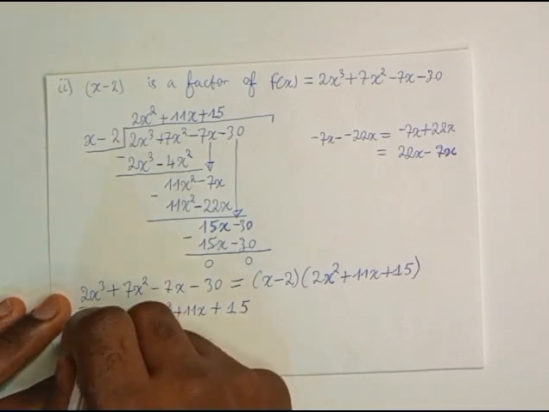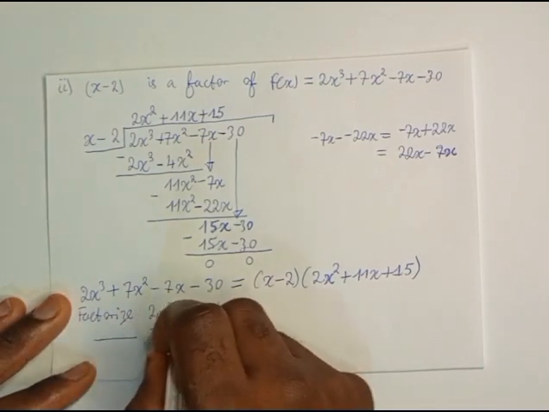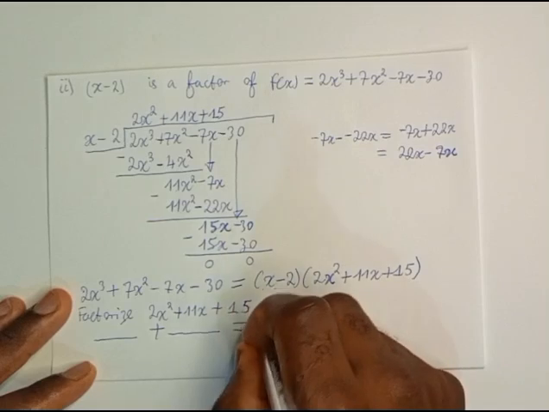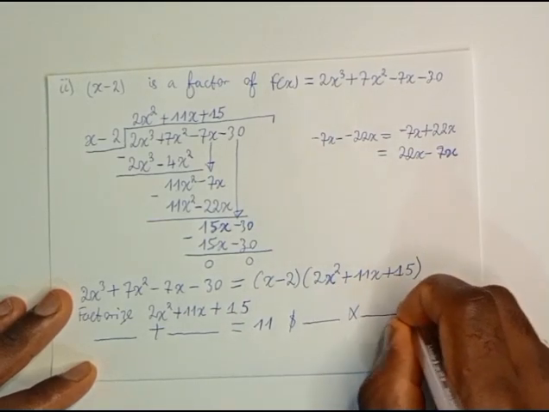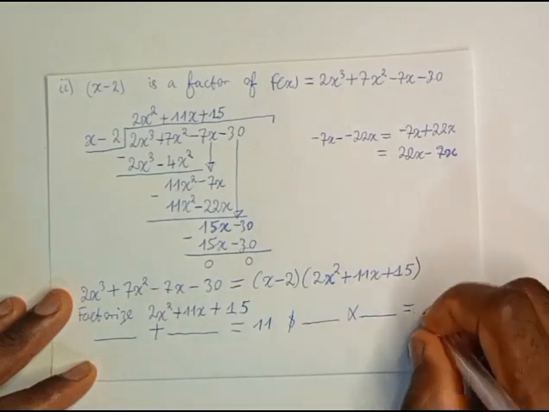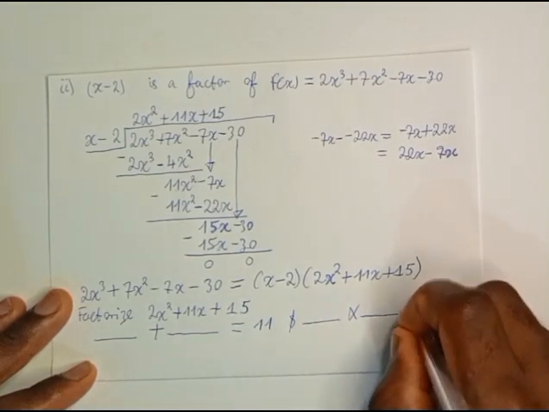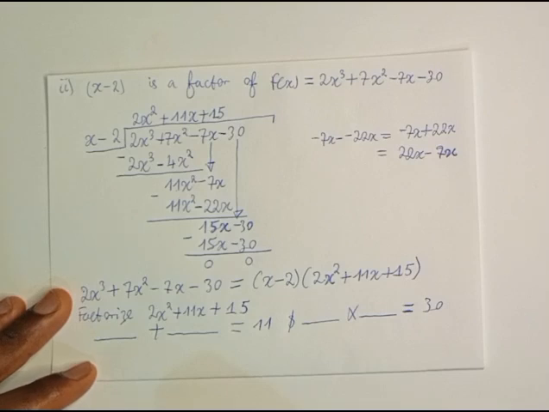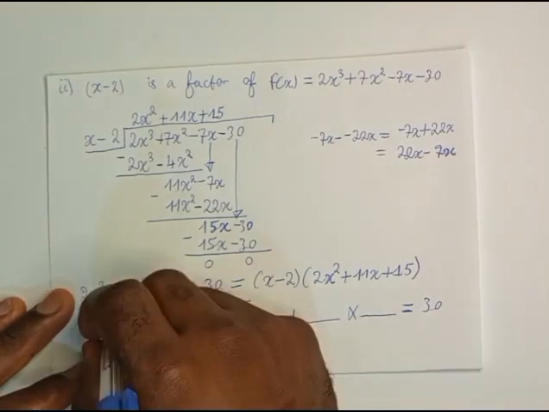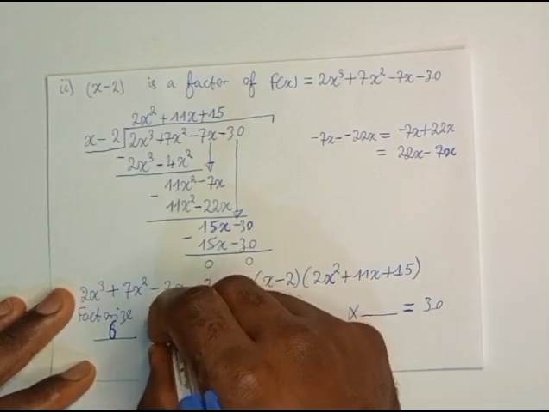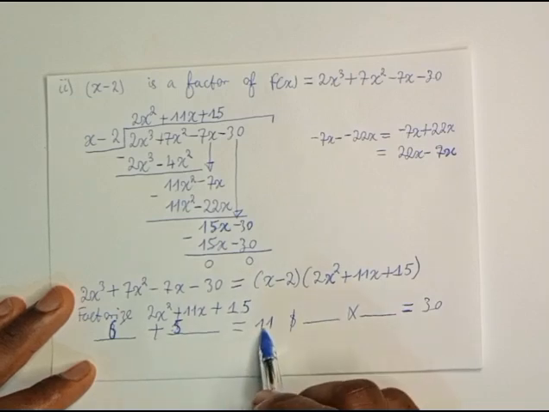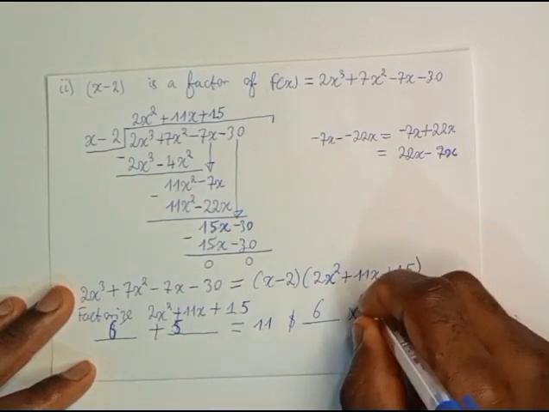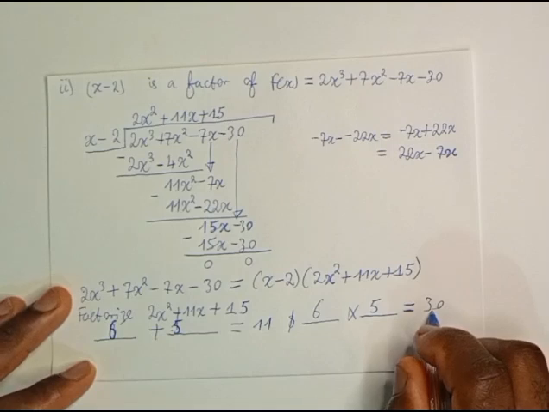First, we need to start by looking for two numbers whose sum is equal to 11 and whose product is equal to 2 times 15, which is 30. You will see that we can make use of the numbers 6 and 5. 6 plus 5 is equal to 11. 6 times 5 is equal to 30.